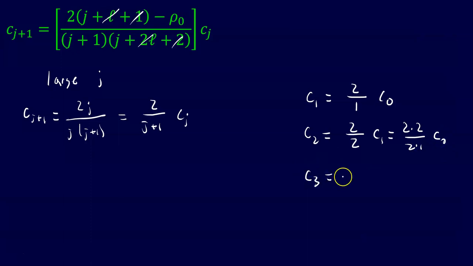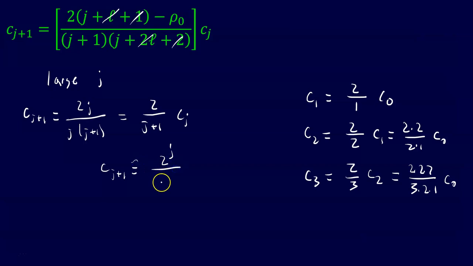And then for C3, it's 2 over 3 C2. We're just adding a 1 each time. Plugging in my expression for C2, I get 2 times 2 times 2 over 3 times 2 times 1. And so we notice that the C to the j term for these really big ones works out to be 2 to the j power over j factorial times C0.